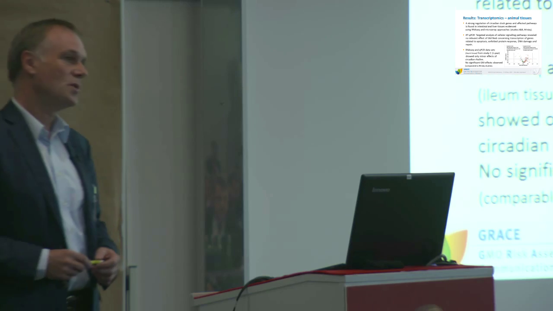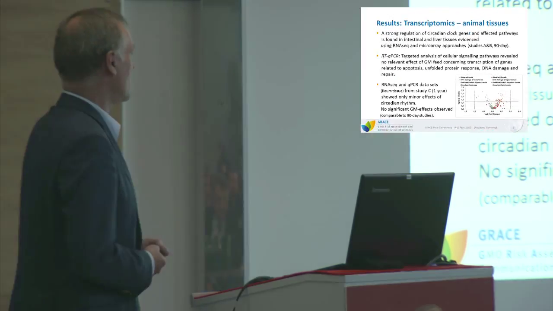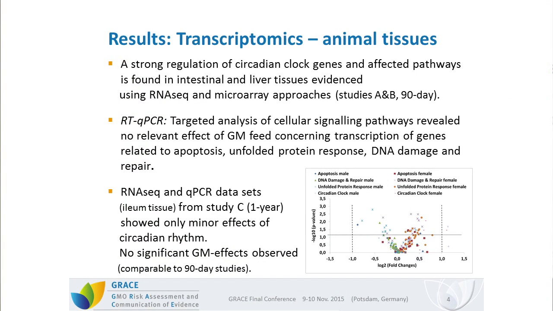So if you look at the 1-year study in the last year, we could identify ileum tissue for RNAseq and qPCR data, and we could only find minor effects on the circadian rhythm because we were able to correct these study designs of this 1-year study.